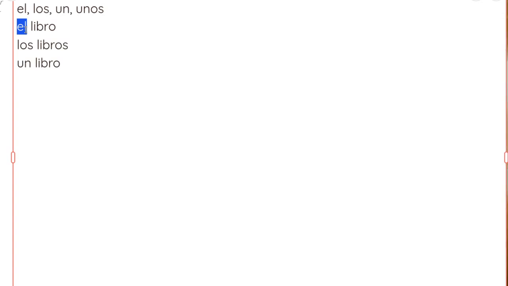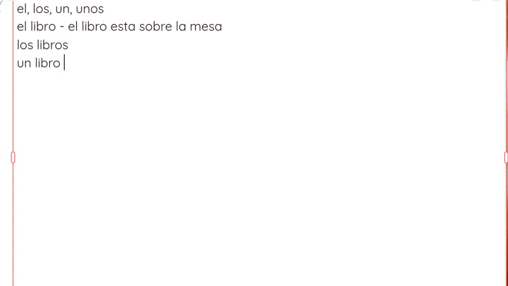Instead of saying el libro, we can say un libro. Example, el libro está sobre la mesa. Sobre la mesa.